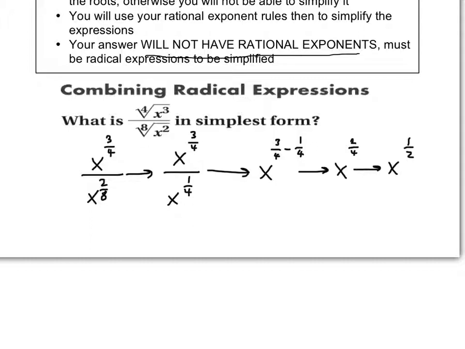Now remember, I cannot have any fractional exponents at all in my answer, so I need to convert this back. That ends up just being the square root of x. So we can simplify roots that don't have the same index or the same variable or number underneath by changing them to rational exponents.